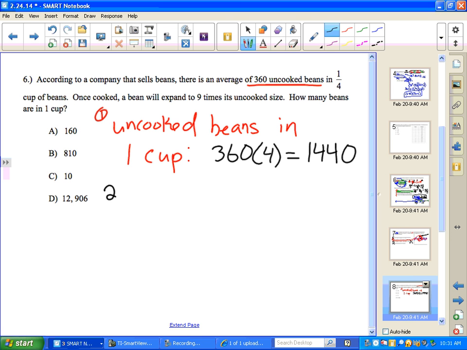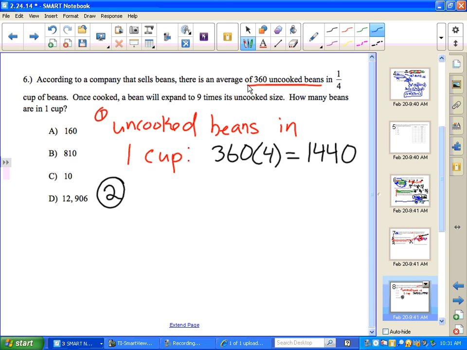Okay, step 2. We know once the bean is cooked, it's going to expand 9 times its uncooked size. So we have 1,440 uncooked beans in 1 cup. Well, when they're cooked, they're going to expand. So that's growing. It's going to get bigger.